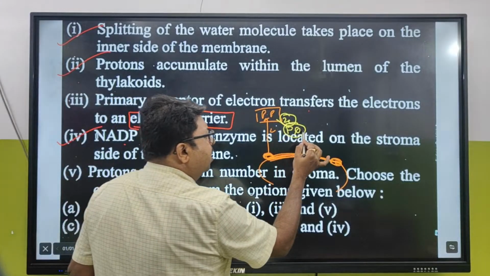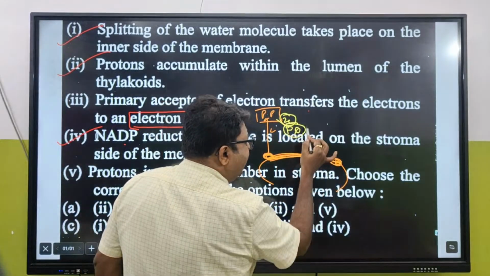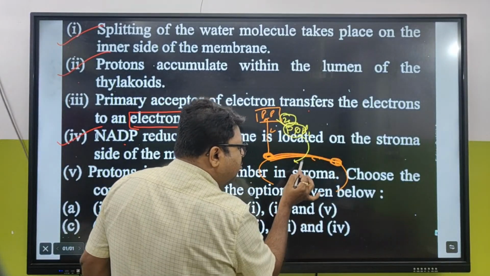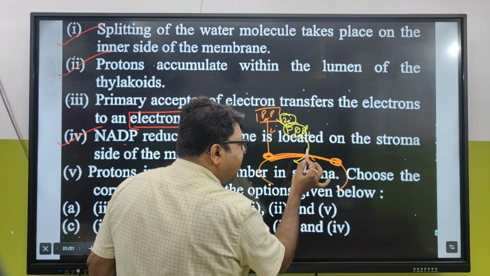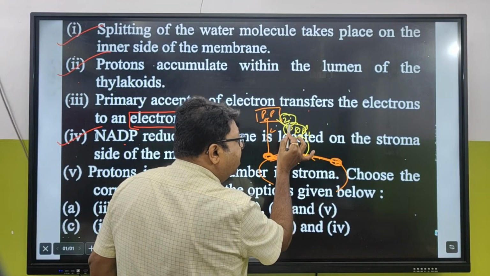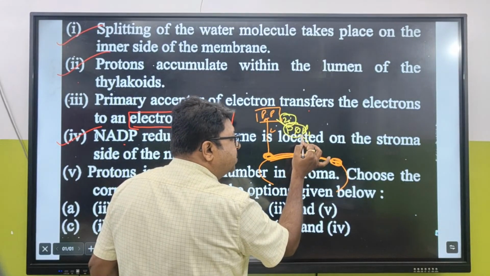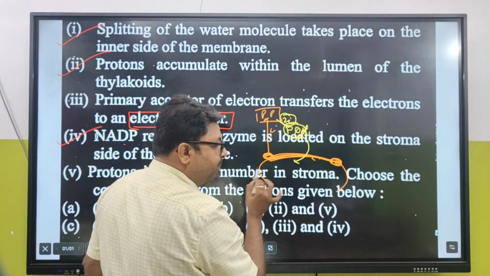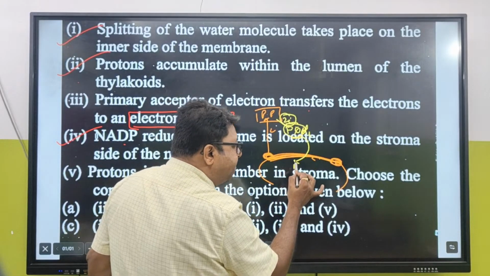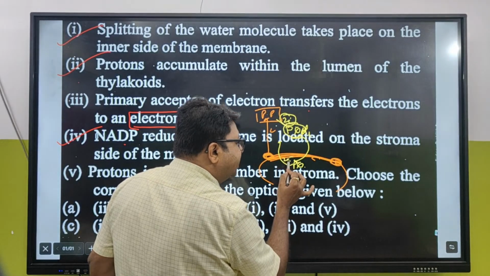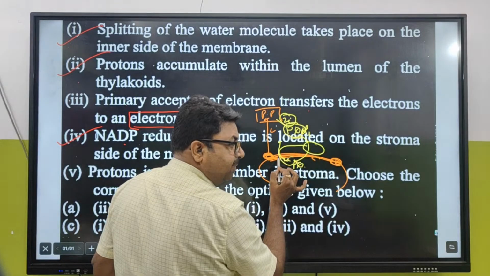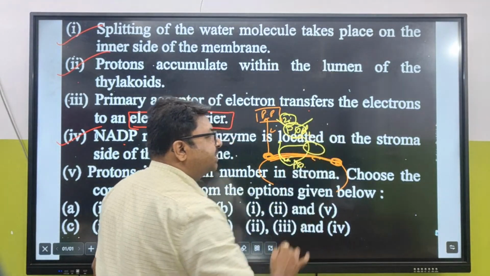This PQ takes away the hydrogen. It carries the electron and binds with the hydrogen, forming PQH2, and PQ comes back over here, and the electron is transferred to the next electron carrier. But what is this? This is a hydrogen carrier.